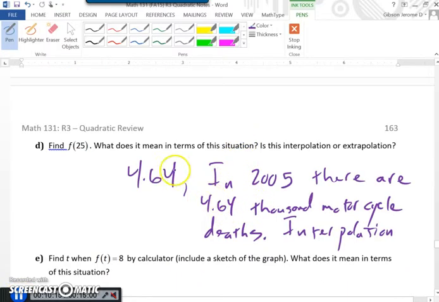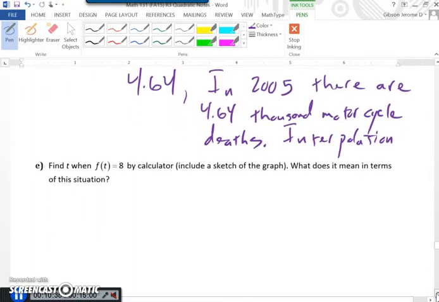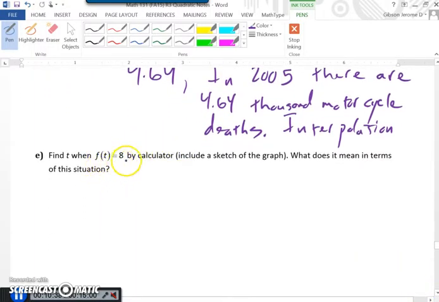I took the liberty of scrolling back and forth, but this means in 2005 there are 4.64 thousand motorcycle deaths. It's interpolation because this falls in between the amount that our graph has. So if it would have been outside of that amount, then it would have been extrapolation. Okay, now it says find t when f of t is equal to 8.